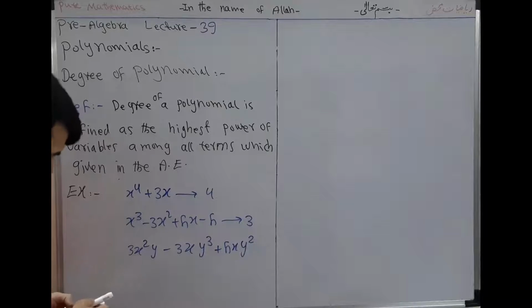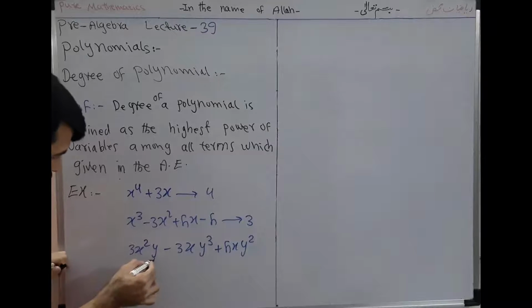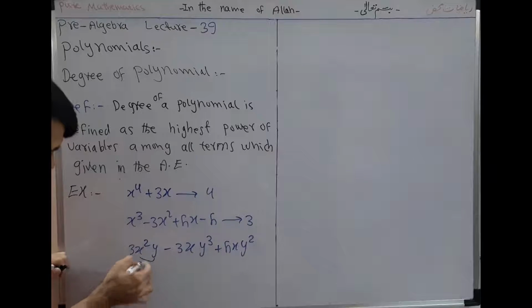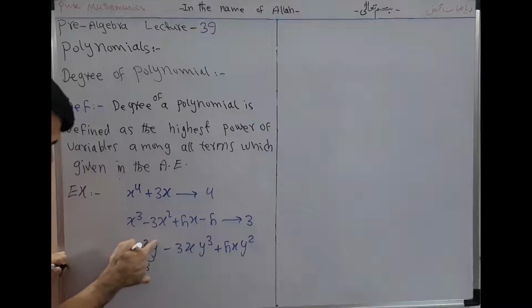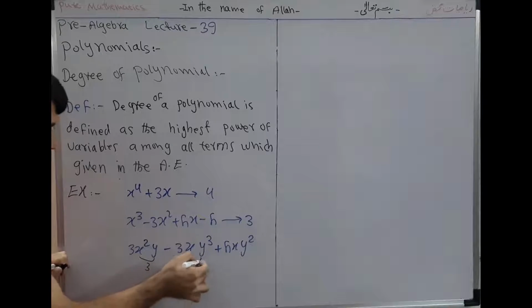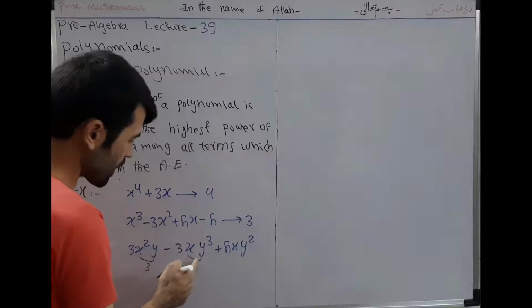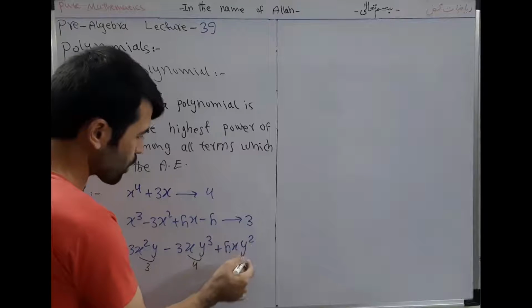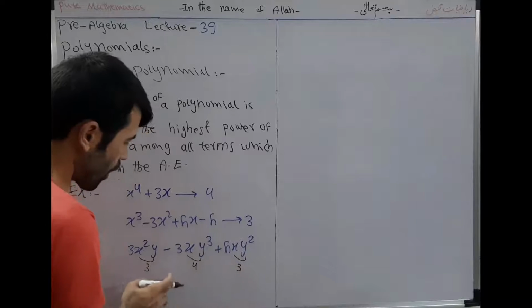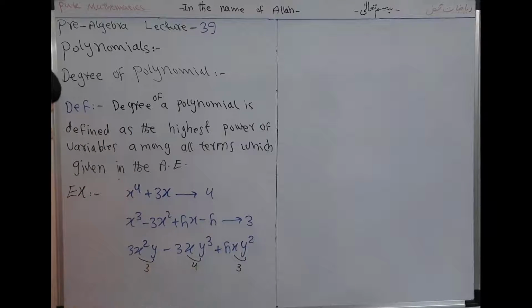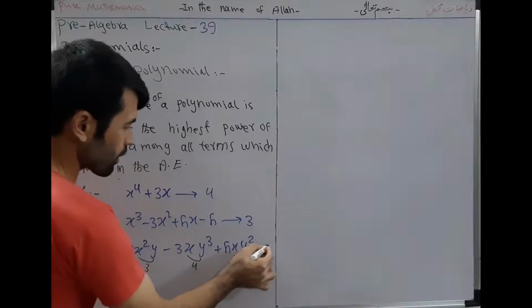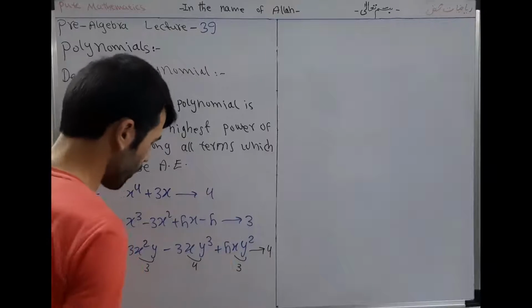Here this term has power 2, plus 1, is 3. Here we have 4, because 1 plus 3 is 4. Here we have 1 plus 2 is 3. The highest power is 4. Therefore, the degree of this polynomial is 4.